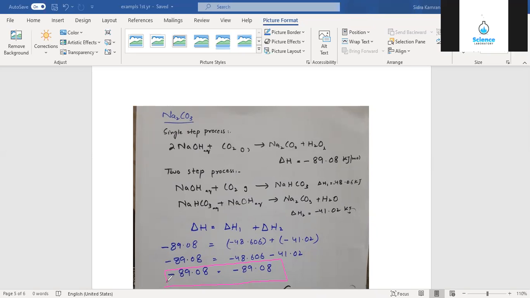We make the same product by taking different routes and calculating the enthalpy change of the reactions. By adding all those enthalpies, we come to know that the product has the same enthalpy change as when it is directly formed from its reactants. There are many applications of Hess's law.